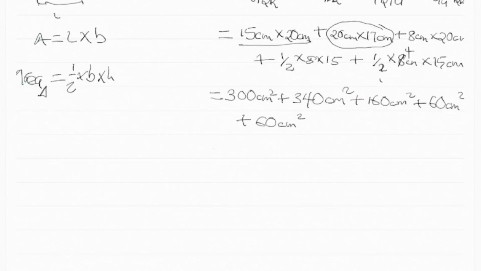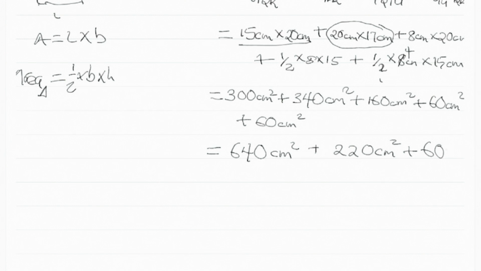When you add the areas of all those surfaces, you have your total surface area. 300 plus 340 gives us 640 square centimeter. Then 160 plus 60 gives us 220 square centimeter, plus 60 square centimeter.